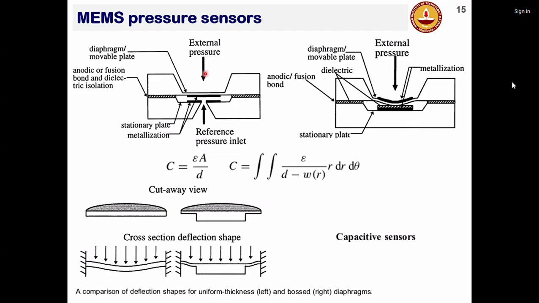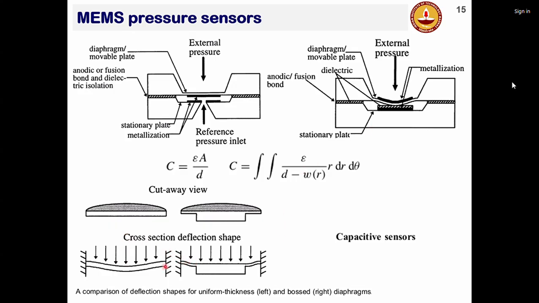Now, when you have a pressure difference across the diaphragm, when there is a deformation, the capacitance between these 2 electrodes would change. And depending on the capacitance change, you can predict the gap. And knowing the gap, you can theoretically predict what the pressure is. So this works similar to the macro scale, large scale pressure transducer. It's just that their sizes are very small. You can really integrate them into very, very small systems and devices.